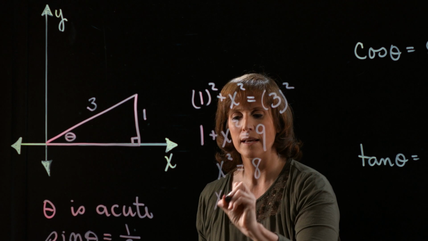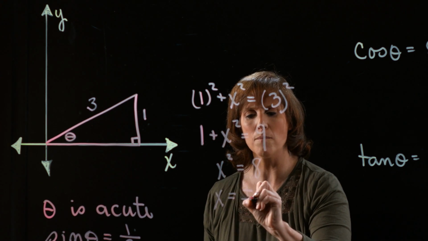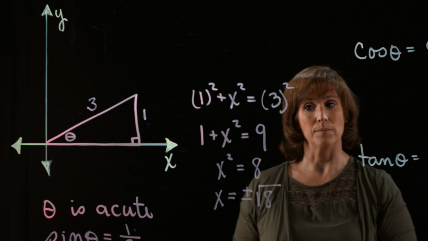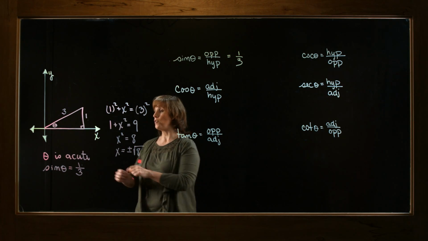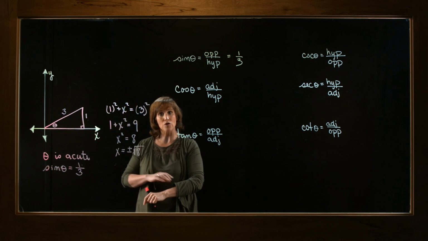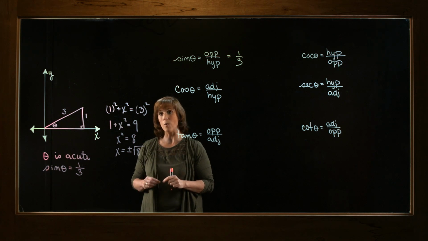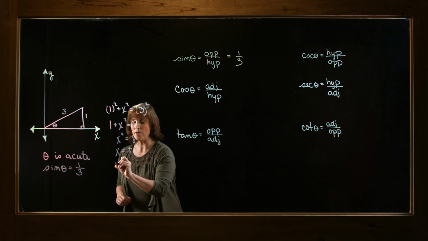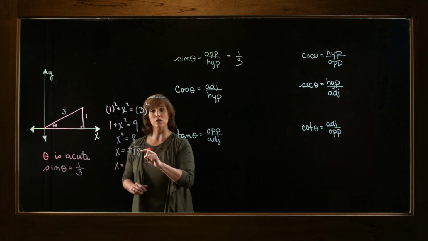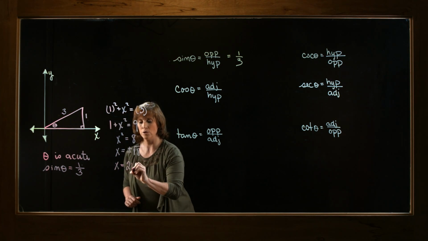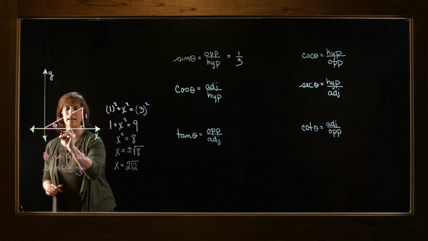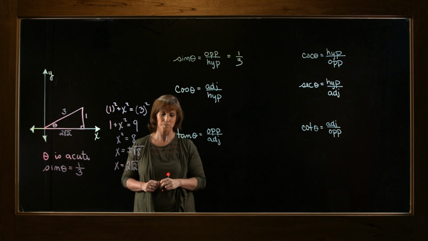So x is going to be plus or minus the square root of 8. Now, we're in the first quadrant, and I'm looking at the sides of a triangle. So for this application, I want to be looking at positive square root 8. And one other thing I can do is reduce the square root of 8 to 2 root 2. So now I know that this length is 2 times the square root of 2.